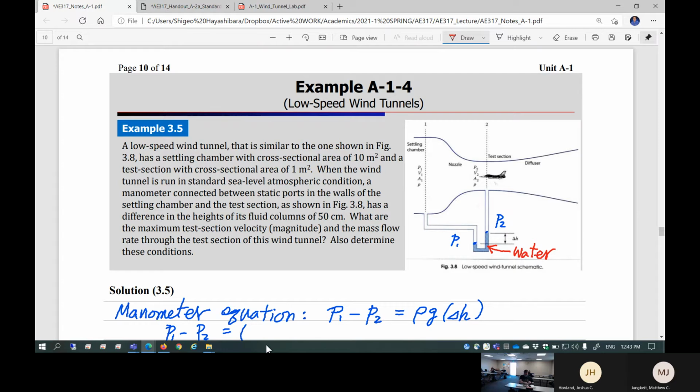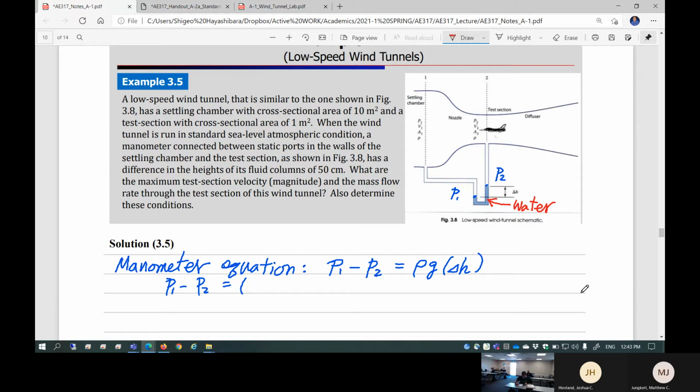So this is 50 centimeters of water. And then people keep asking, what's the meter per second then? Or kilometer per hour or miles per hour? I want to know the speed. 50 centimeters of water doesn't make any sense. Okay, anyways, let's move on.